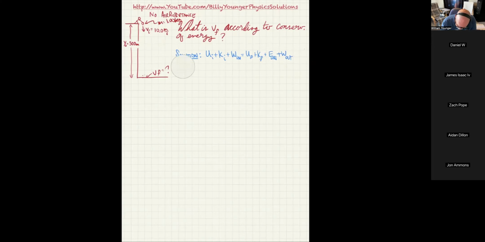I've got U is equal to mgy. I've got K is equal to 1/2 mv squared. In this case, work in equals E loss equals work out for me is all going to be zero because this is air resistanceless and I'm just using potential energy versus kinetic energy to account for everything.